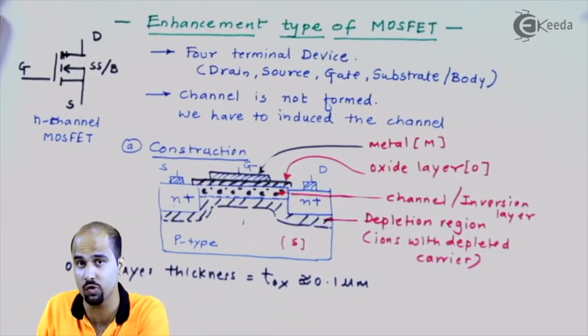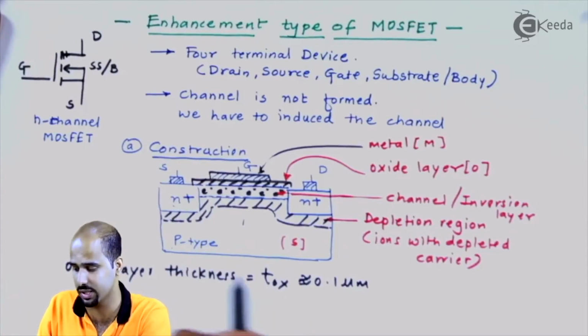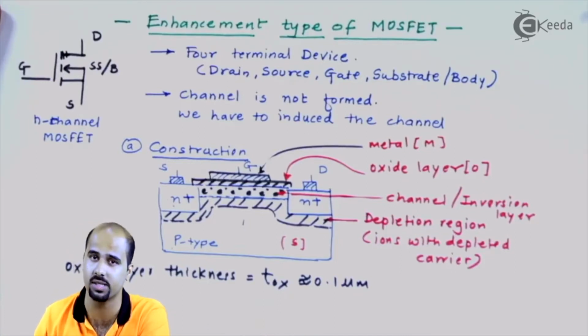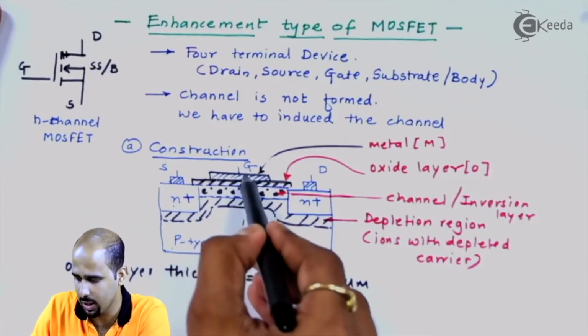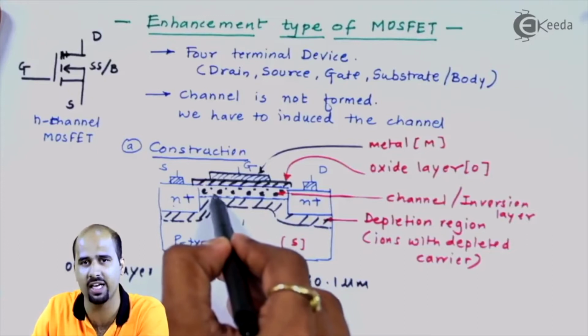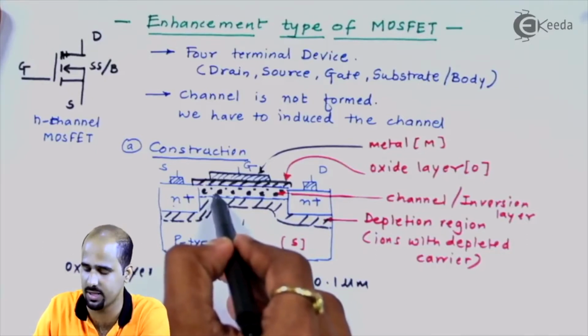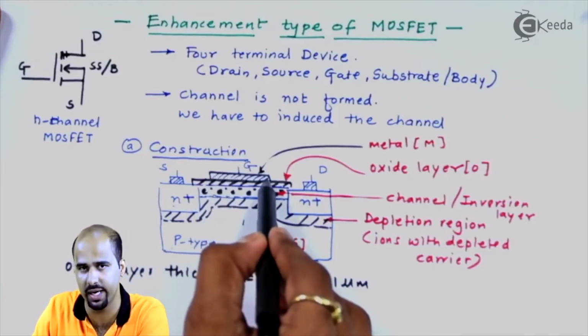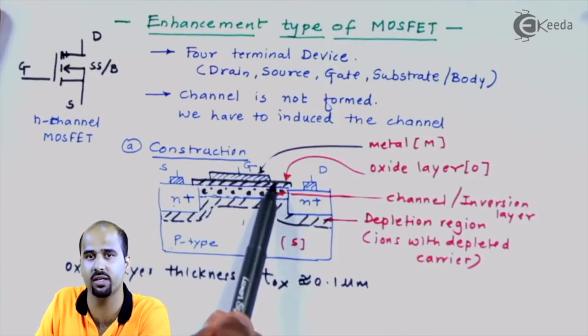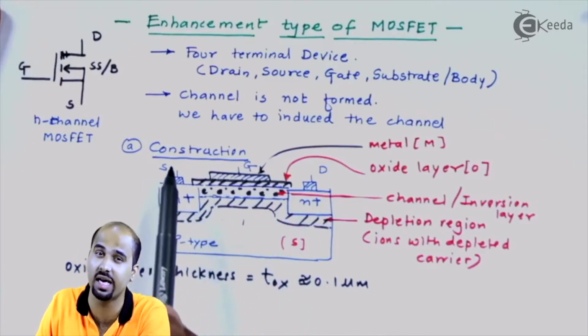So as far as the thickness of the oxide layer is concerned, due to this thickness I will get one major property, that is nothing but the capacitance, between the metal and the semiconductor channel, right? So this channel will act as one parallel plate of the capacitor, and this metal plate is the other plate of the capacitor, and in between I get the oxide layer, which will act as a dielectric.